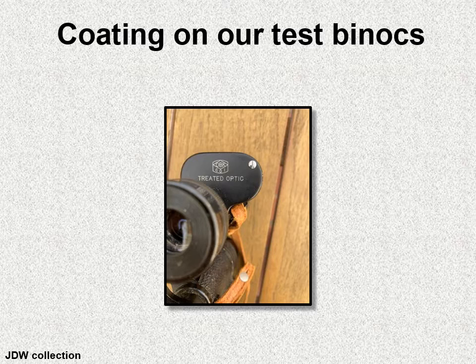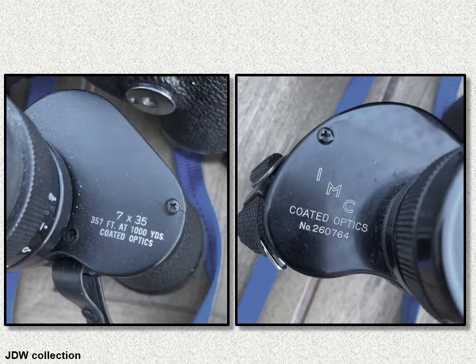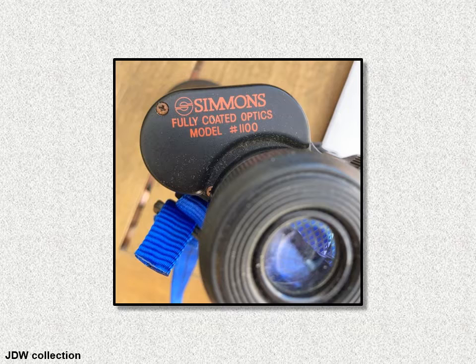So looking at some of these sample binoculars, treated optic, what does that mean? Treated optic. Could have put water on it. Coated optics. Maybe one of the lens surfaces coated. What does that mean? And here we have our 20 by 50 binoculars.